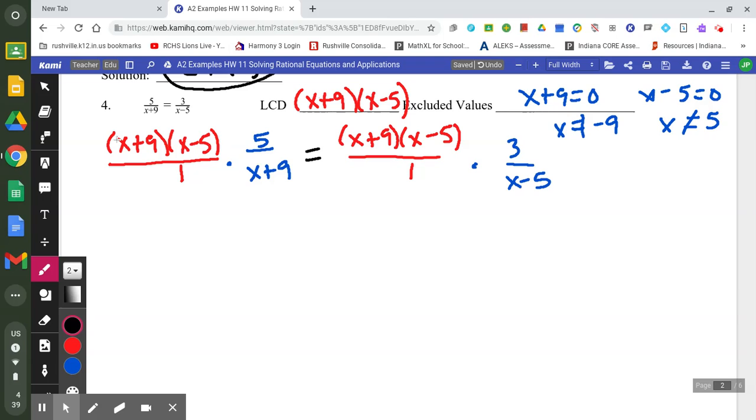Okay, now we're ready to begin canceling. So x plus 9 on top, x plus 9 on bottom, leaves me with 5 times x minus 5 equals, and I've got x minus 5 on top, x minus 5 on bottom, so equals 3 times x plus 9. We will distribute.